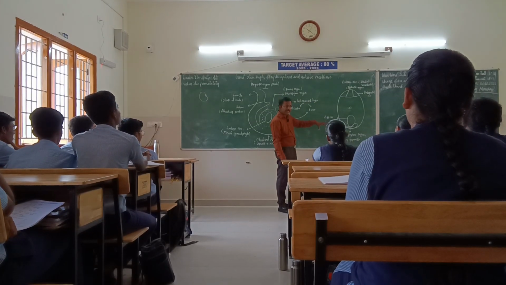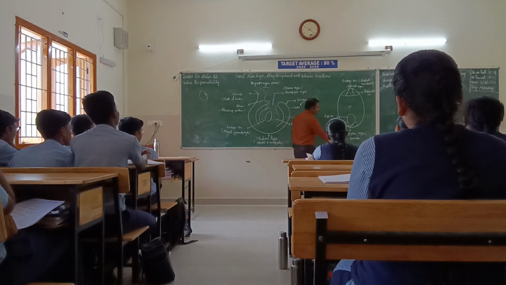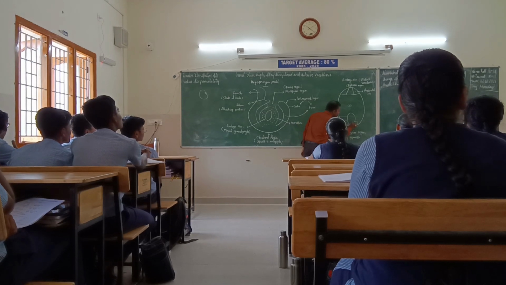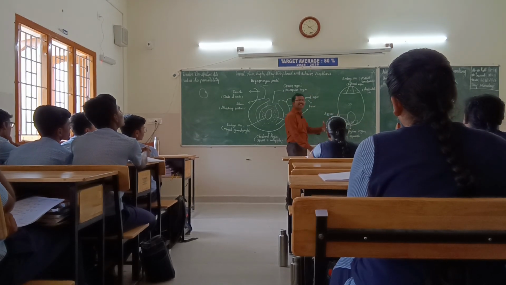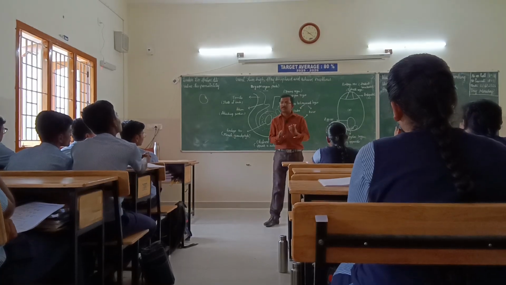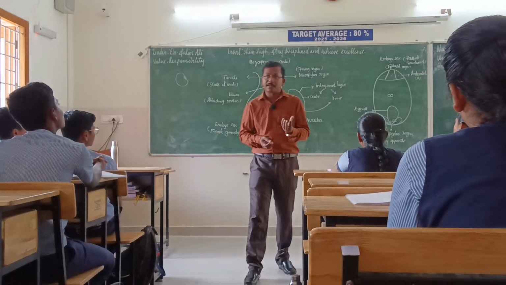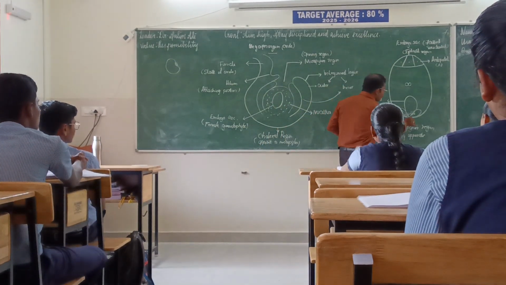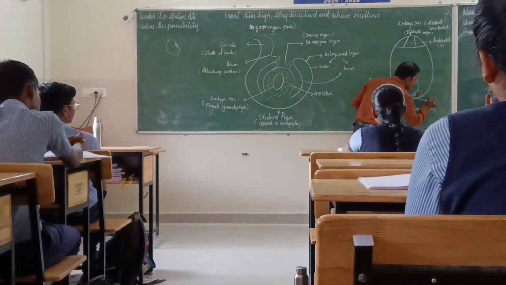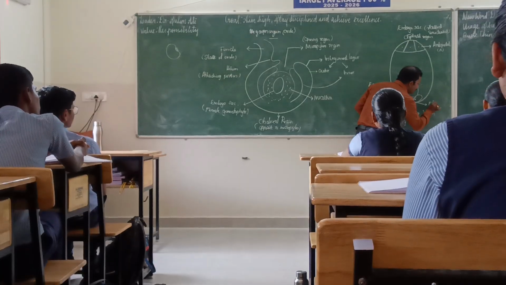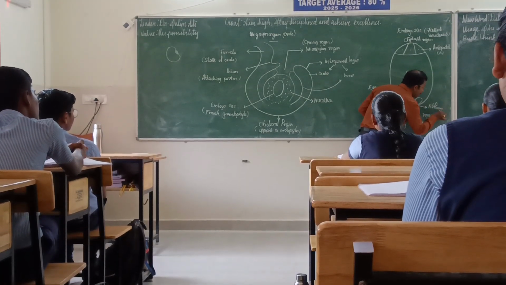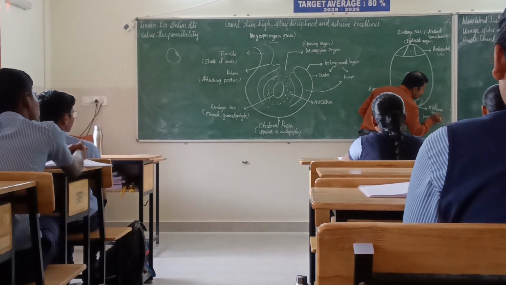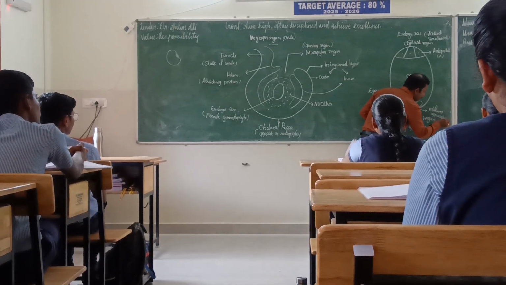Now the next one. Certain small projections are there near the egg apparatus, called the filiform apparatus. The filiform apparatus helps to guide the male gametes.